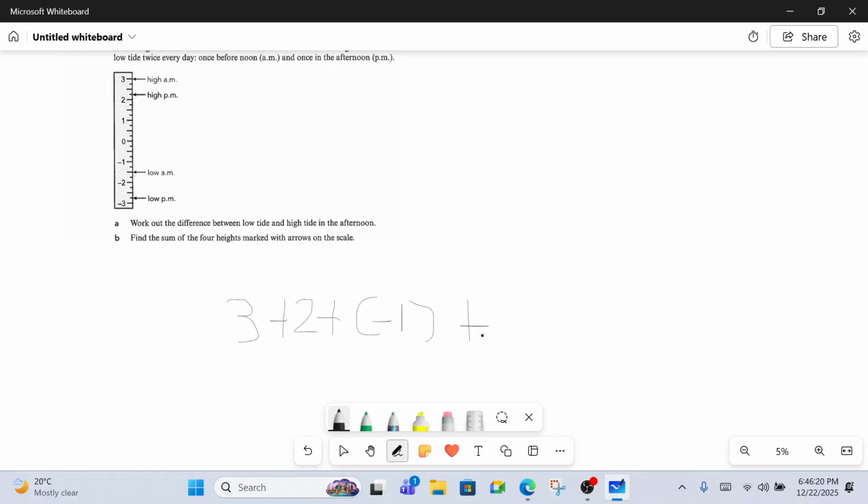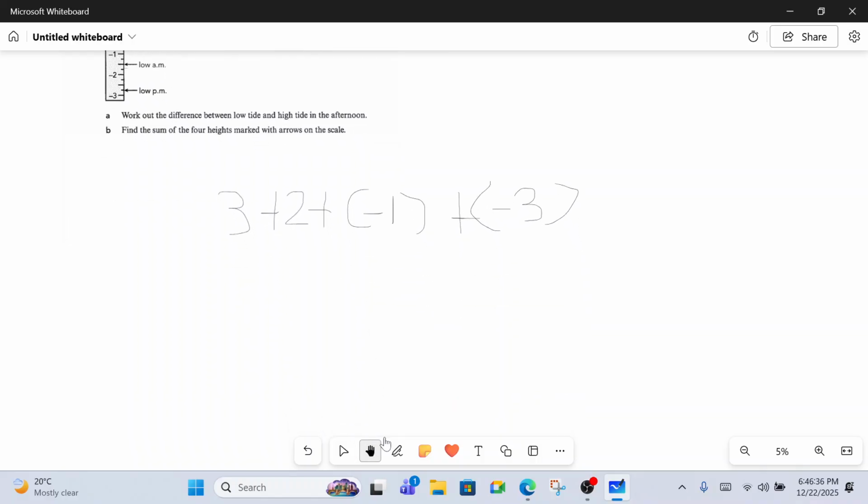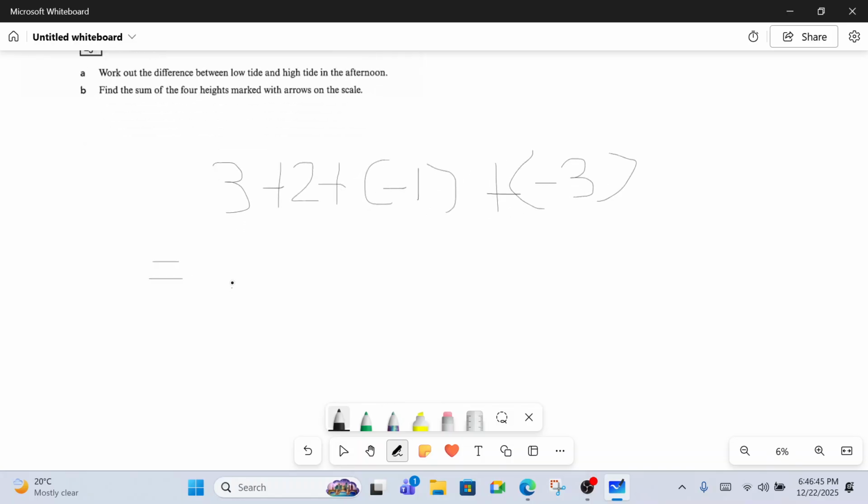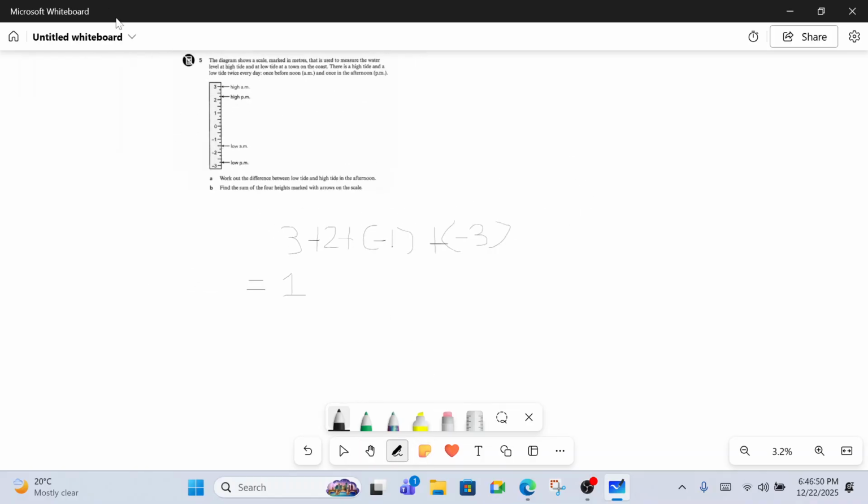I can't really read it. 3 plus 2 plus negative 1 plus, sorry, it's negative 3, yeah, plus negative 3. So work this sum out. It should give you an answer of positive 1. This is our answer for question number 5B. Take your time, copy this on your notebook, understand it, visualize it. And okay, let's move to the next question.